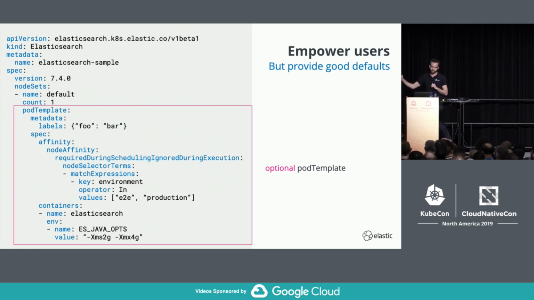It turns out the best way to do that is actually to empower the user completely to do whatever they want in the CRD. That's what happens when you create a StatefulSet or Deployment. You have this pod template that you can specify entirely. So here, for example, in the operator, we have this optional pod template section. Users can do whatever they want here. And in the reconciliation, when we build the expected pod we want, we take that template from the user and we build on top of it.